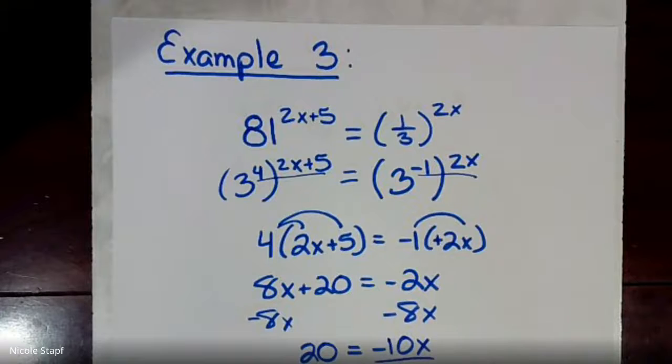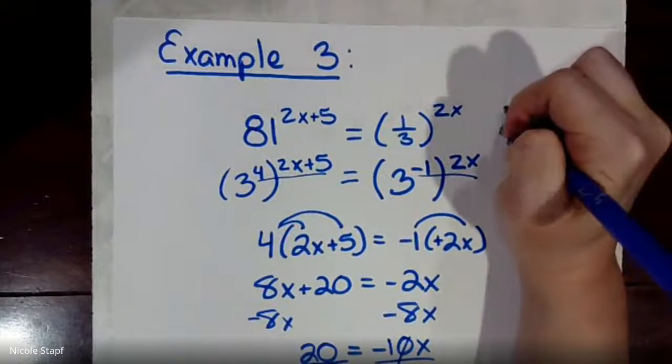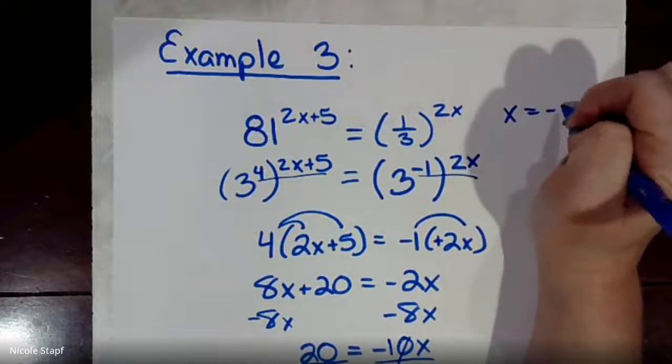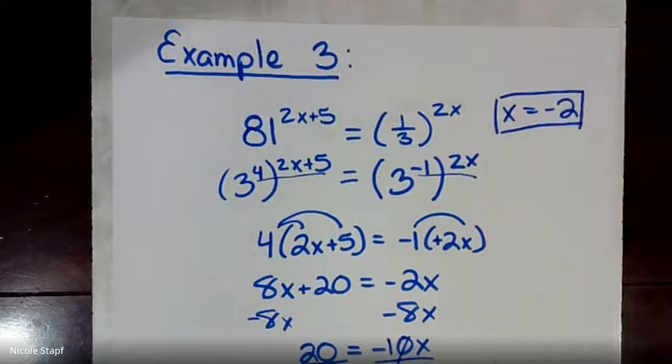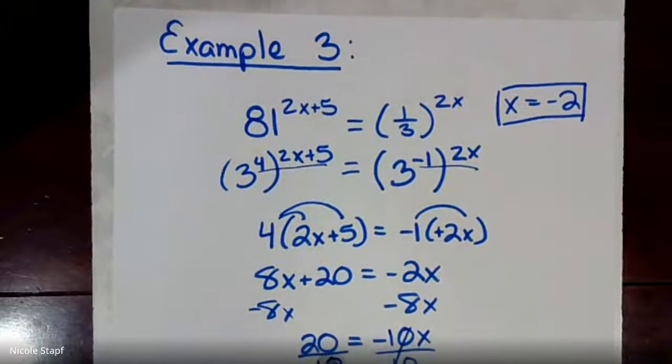I'm going to divide by -10 on both sides, and I end up with x equals -2 as my final answer. All right, so that one was a bit more complicated, but I think we did all right here.